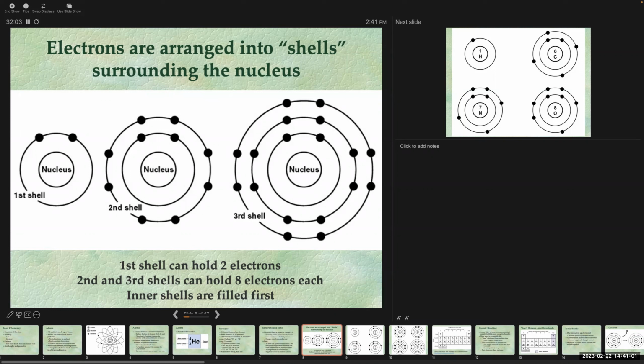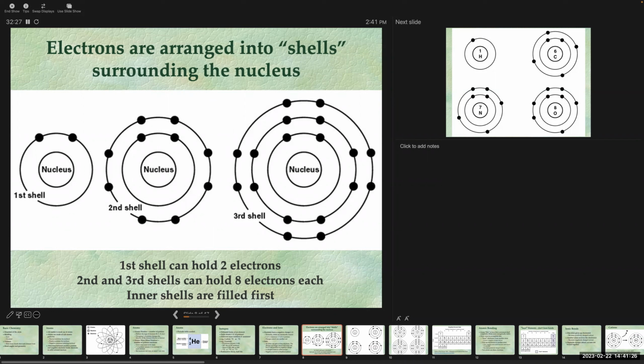So the first shell, the electrons that orbit closest to the nucleus, can only contain 2 electrons. Once that first shell is full, if you try to add any additional electrons to the atom, they have to jump out into the second energy level, into the second shell.